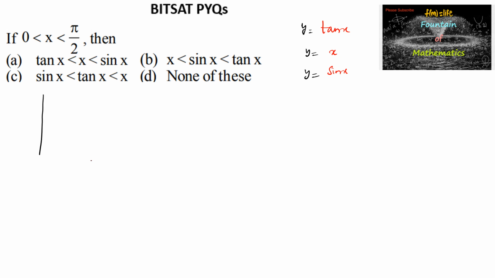Let's take the graph in the interval 0 to pi by 2 on the domain. For the tan x graph we can say tan pi by 4 is 1 and tan pi by 2 is not defined.